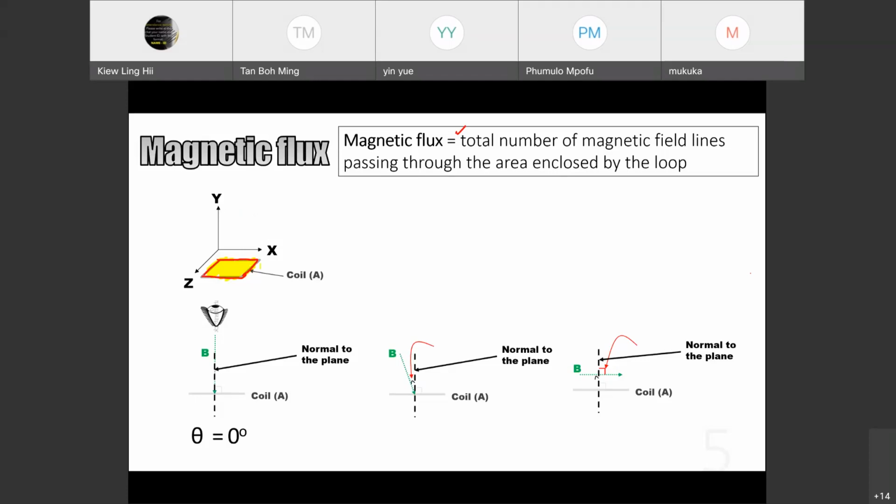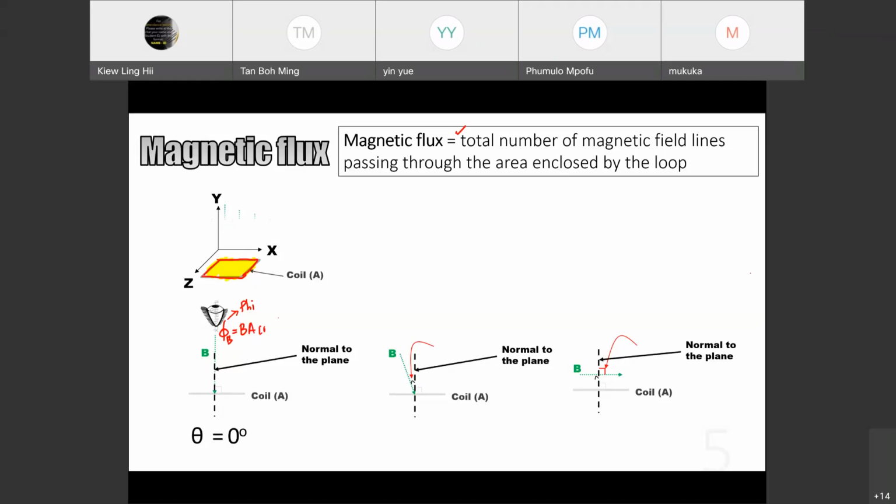All right, so in this case, what is the magnetic flux? The symbol for magnetic flux is phi, phi subscript B. Phi subscript B equals BA cos theta.